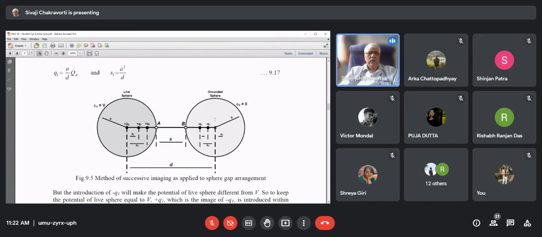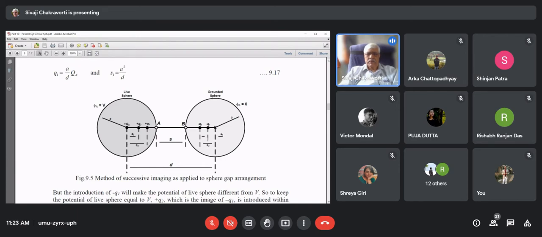And we all know how to find S1. This S1 you can see at the top, A square by D. We have already discussed what will be the Q1. Q1 will be radius A by D into QA. So minus Q1 will definitely make this spherical surface a grounded surface.